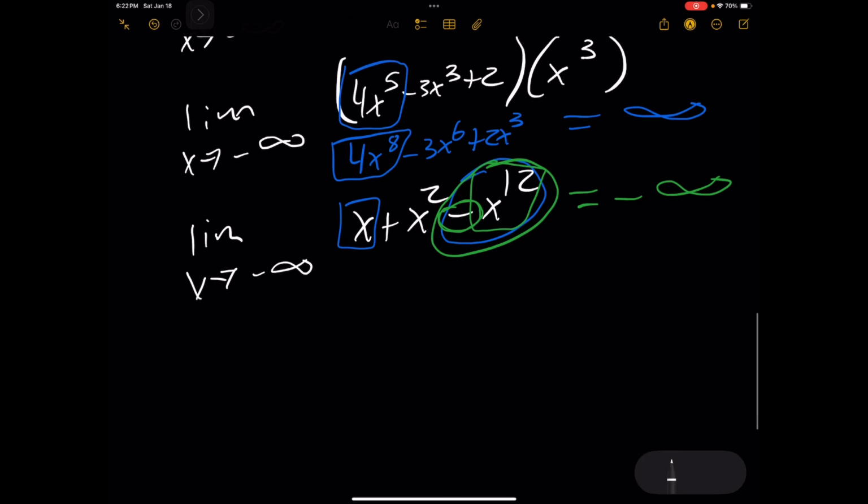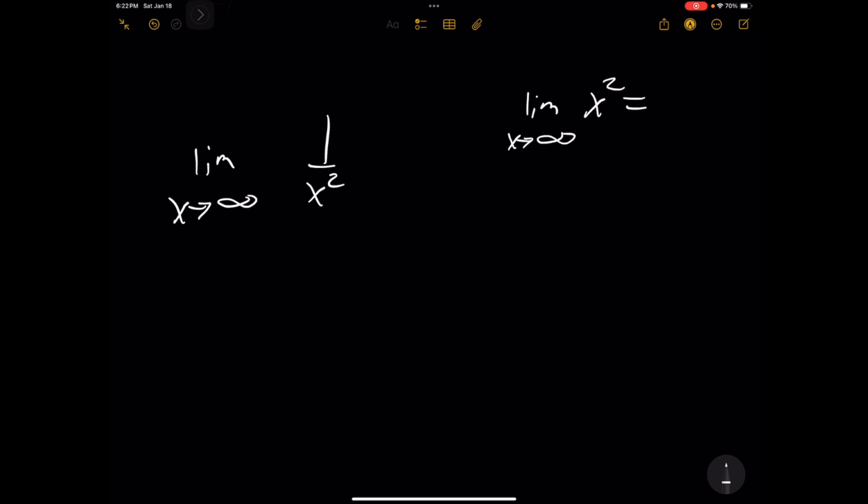One difference here is, moving forward, what if we have something like this? The limit as x goes to infinity of 1 over x squared, 1 over a polynomial. Well, the limit as x goes to infinity of the polynomial x squared, we now know is going to be infinity.